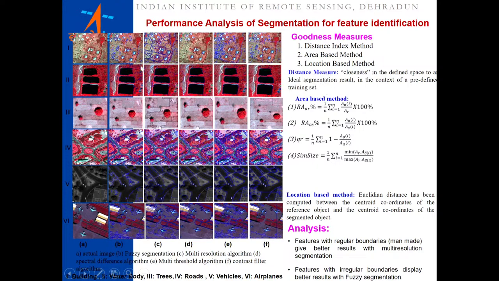For all of these, the examples that were taken were buildings, water body, trees, roads, vehicles and airplanes. These were the 4 or 5 objects that were taken. So buildings, water bodies, tree examples, roads, and vehicles, which are slightly small objects, so can vehicles be segmented, and aircraft.